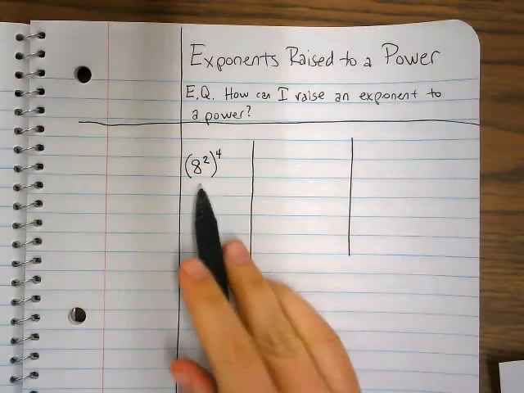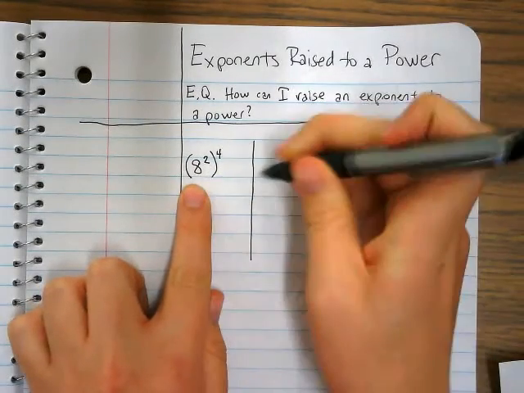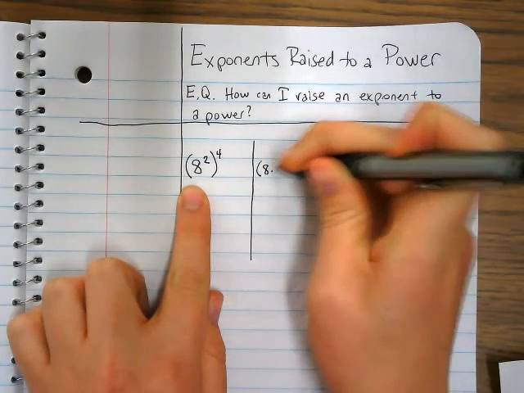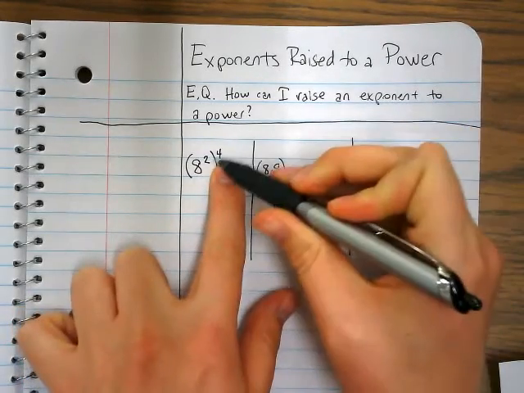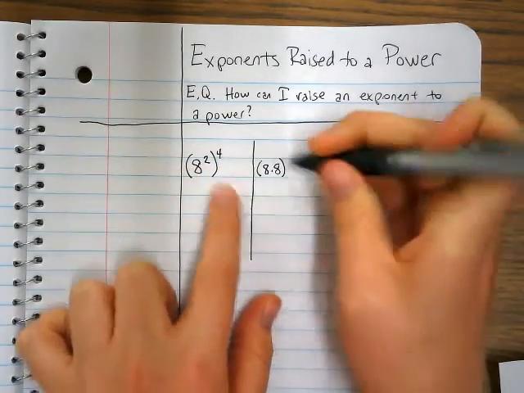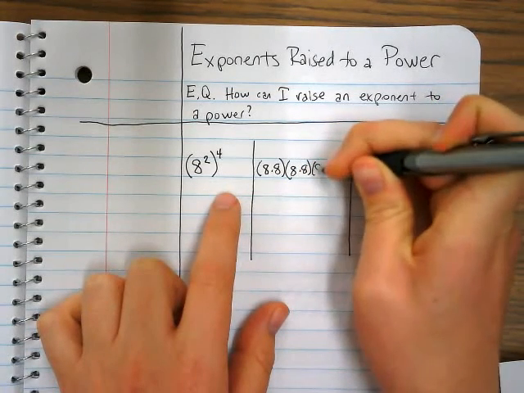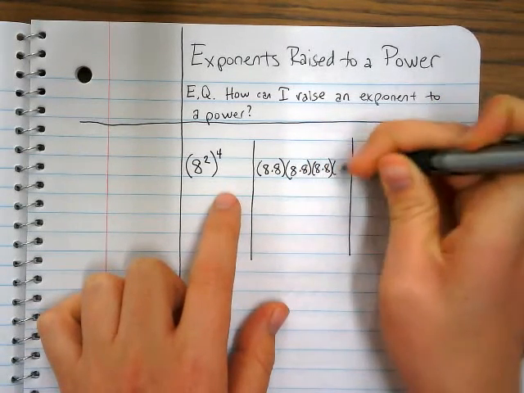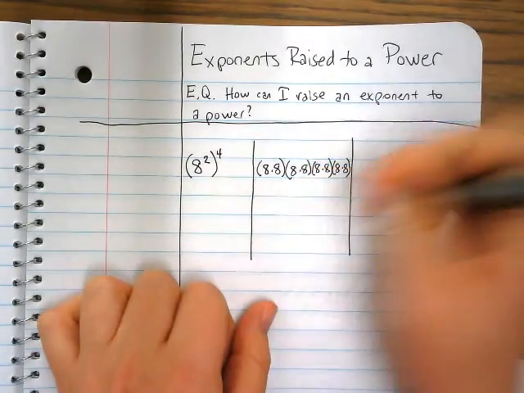And what this would look like is, we know 8 squared is 8 times 8. So we'd write 8 times 8, that's 1 time, but we need to do 8 times 8 4 times. So there's 1 8 times 8, 2 8 times 8, 3 8 times 8, and 4 8 times 8.